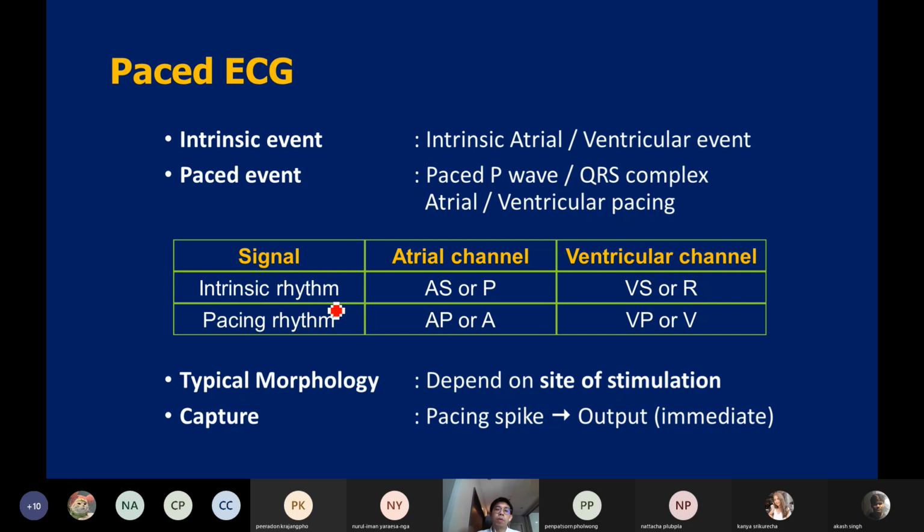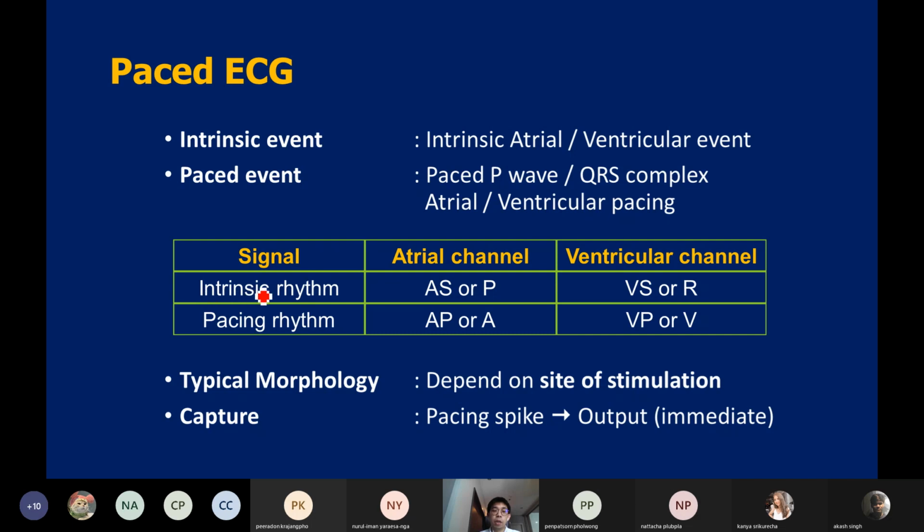Before, I have talked about this: this is the dual chamber pacemaker. We assume that the patient is implanted with a dual chamber pacemaker, so the patient has an atrial channel and a ventricular channel.